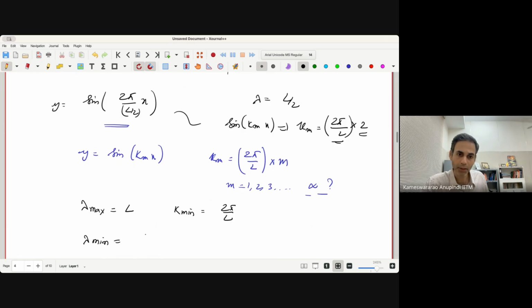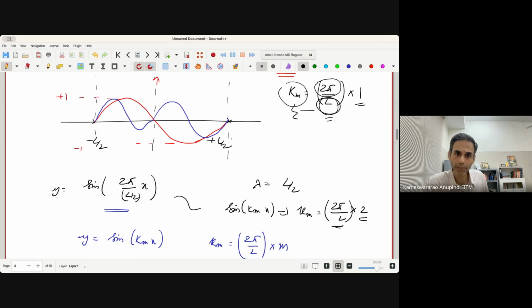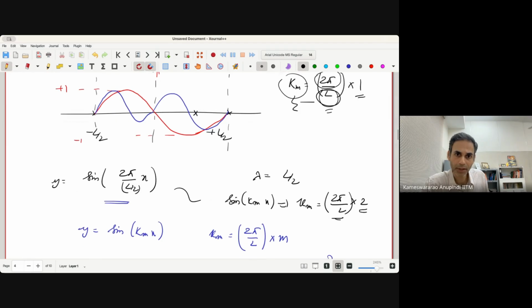Because I can only represent up to a distance of, let us say, if I have a grid of 3 points, I can put in essentially a sine wave that fits like this. And this distance is delta x, and this is delta x. That means I can have only a distance of 2 delta x to fit a sine or a cosine.